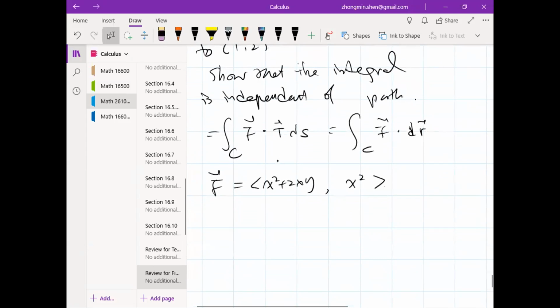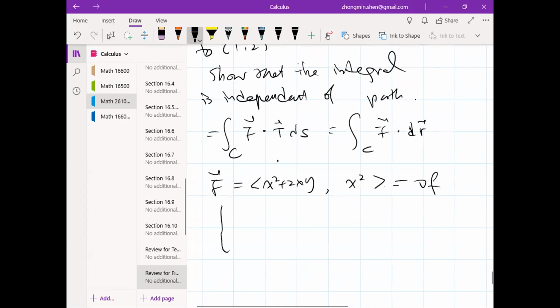As long as you can prove this is conservative, then the line integral is independent of the path between these 2 points. So we can just go ahead and find such f, because we are asked to prove that, right?